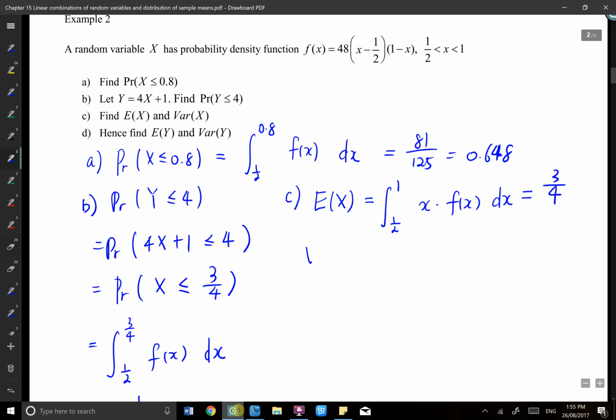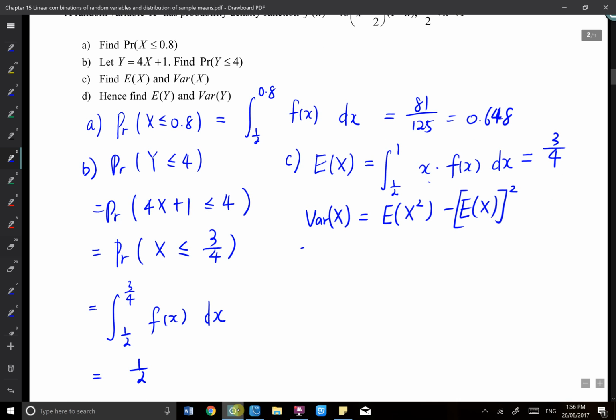Okay, variance. There are two formulas for variance. The normally used one is the expected x squared minus the expected x, and then squared. You can find expected x squared. Remember, expected g(x) is the integral from half to 1 of g(x) times f(x) dx.